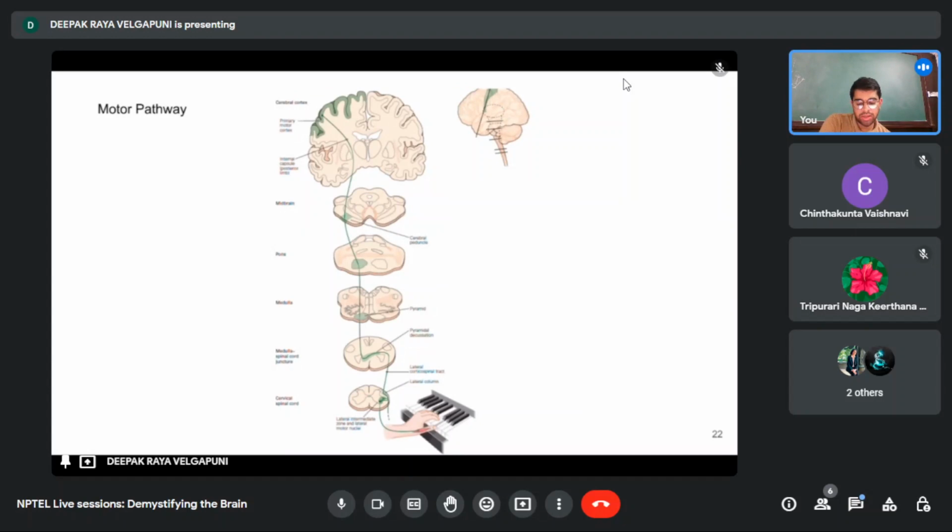And this is the motor pathway. So this is the primary motor cortex. You make some decision to do some motor action, and from the cortical region there is a projection onto motor cortex, and from motor cortex it goes through the small brain and then the spinal cord, and the command is given to the muscles.